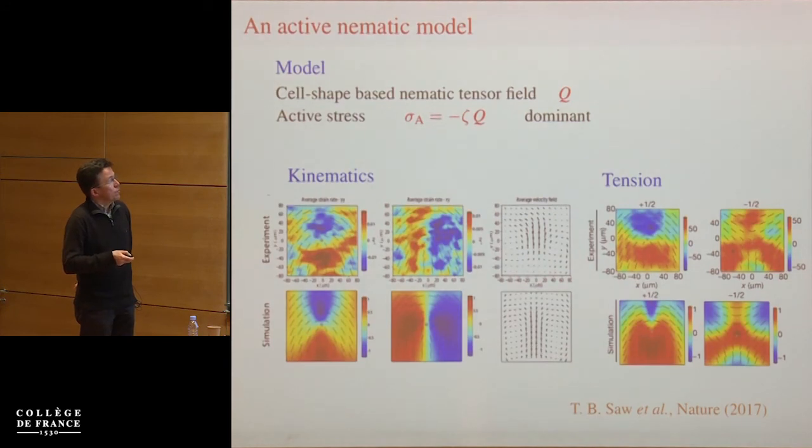The three observations can be reproduced qualitatively by simulations of this active nematic model. And what we see here is that one difference between -1/2 defects and +1/2 defects is the absence of a pressure excess close to the defect, which may explain why the correlation is found between extrusions and +1/2 defects and not between extrusions and -1/2 defects.